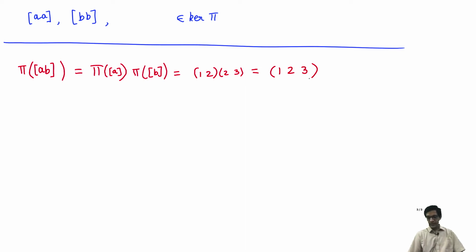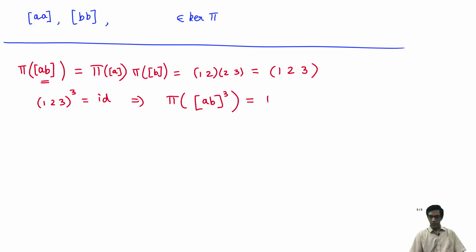And we know that 3-cycles have order 3. If you raise it to the power 3, it gives you the identity. So, observe (1 2 3) being a 3-cycle, if I cube it, I get the identity. In particular, if I compute the image under pi of the cube of this word, I take AB whole cubed.